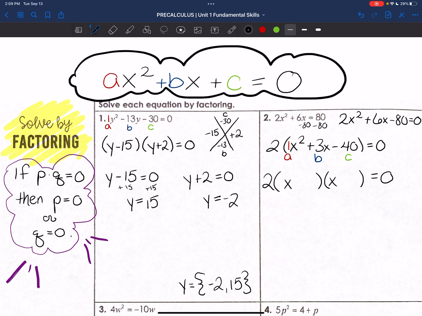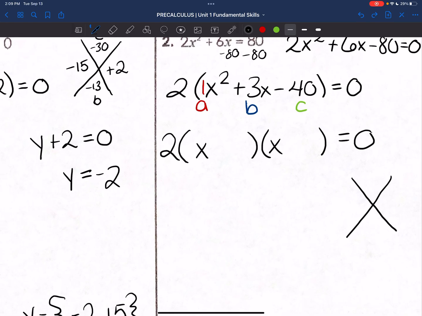We need 2 numbers that multiply to give us our c value, which is negative 40, and add to give us our b, which is 3.